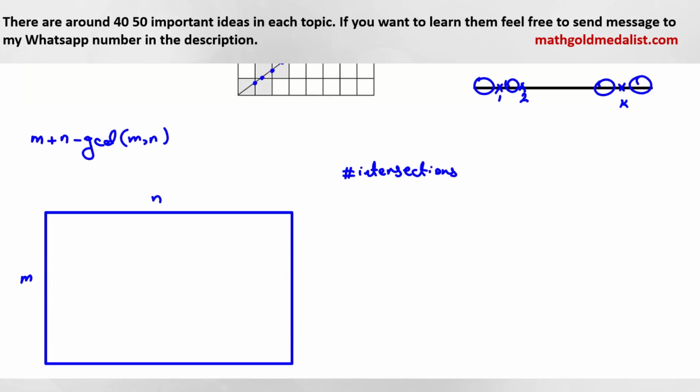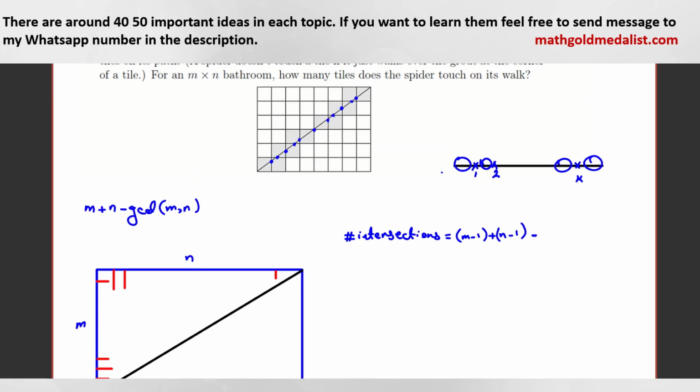Okay, so here I should calculate the number of intersections. When you draw the diagonal, it passes all horizontal lines. We have n minus 1 horizontal lines and n minus 1 vertical lines, okay? So the number of intersections will be m minus 1 plus n minus 1, but we should subtract something. Let's see here.